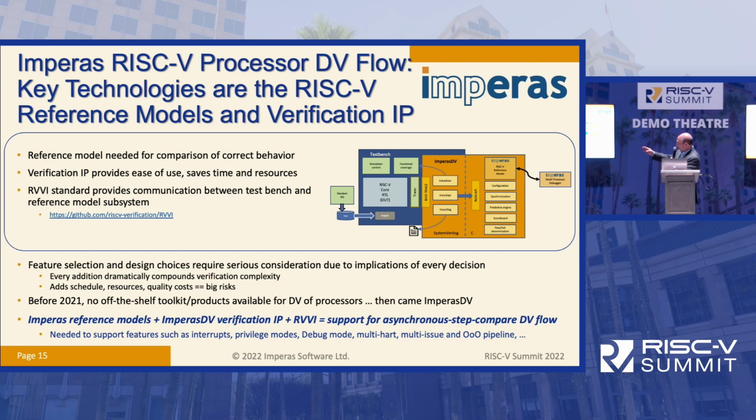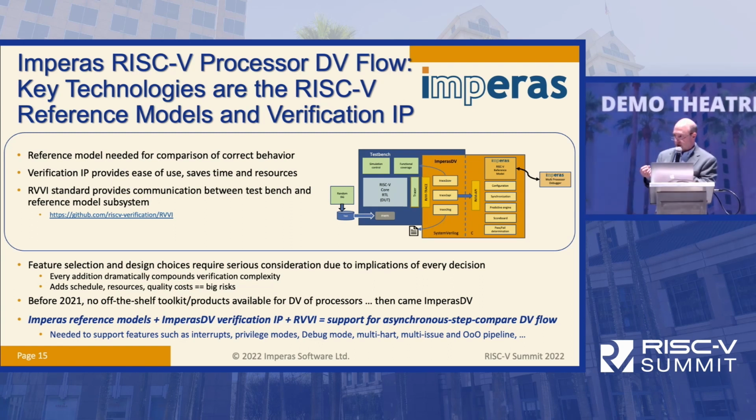So here, the Imperas reference models, the Imperas DV verification IP and the RVVI interface provide support for an asynchronous step-and-compare DV flow. The asynchronous step-and-compare DV flow is needed to support features such as interrupts, privilege modes, debug mode, multi-hart, multi-issue and out-of-order pipelines, all these complexities at the high end of the RISC-V world.